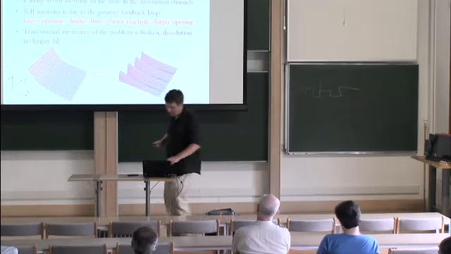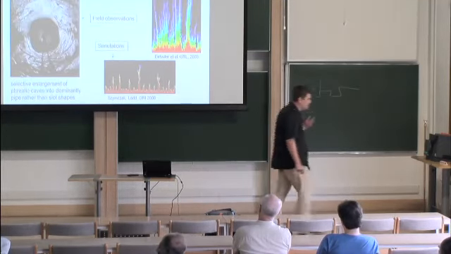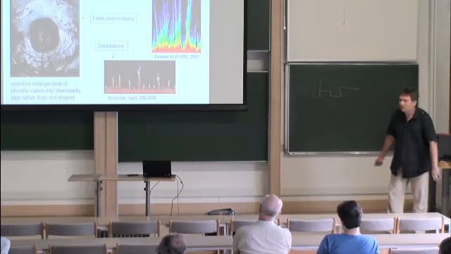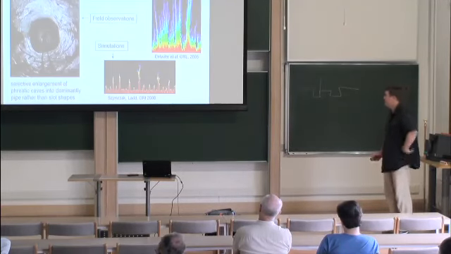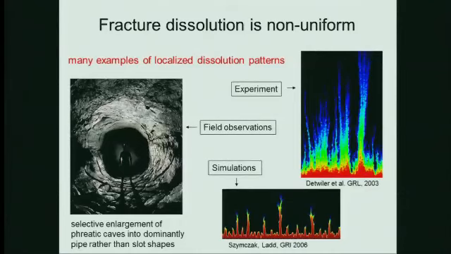And now if you look at the data, there are indeed many examples of non-uniform dissolution in fractures. So I will show you three. One is from an experiment. That's a beautiful experiment by Russell Detwiller, who was then in 2003 at Livermore.